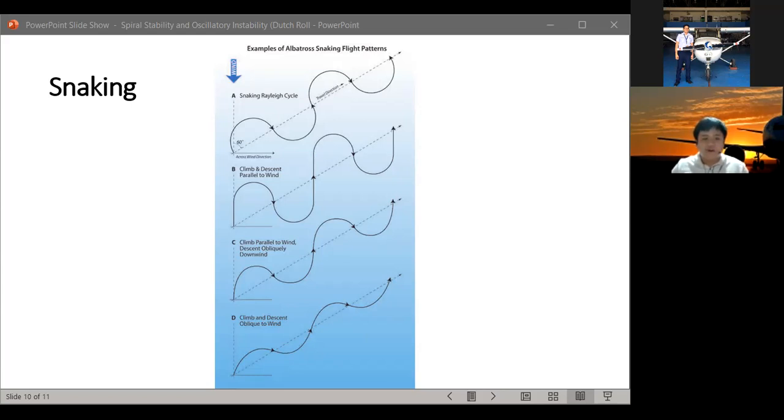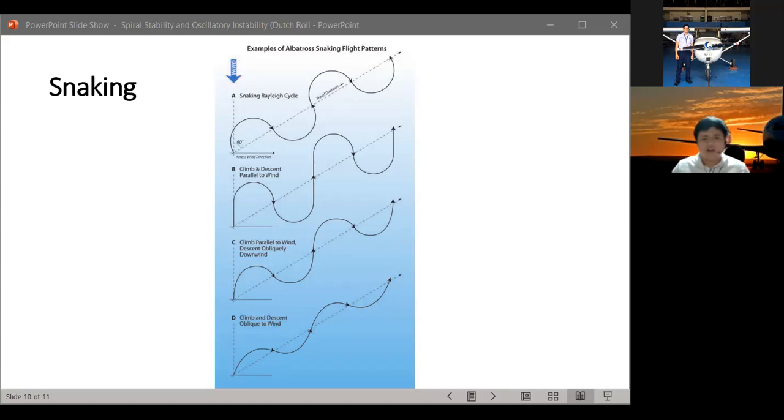A snake will do this just to glide its body when having a free fall to the ground, to prevent catastrophe to their life, right? So that's all for snaking.